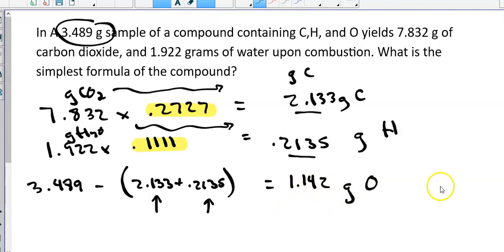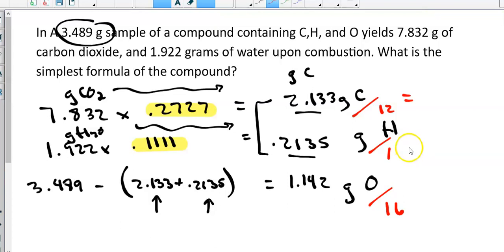So the first step is to convert grams of CO2 and water to grams of carbon and hydrogen. The next step is to subtract the sum of these two answers from the initial to find the grams of oxygen. The next major step is to divide each one by their molar masses. Those numbers, the 12, the 1, and the 16, come from the periodic table.